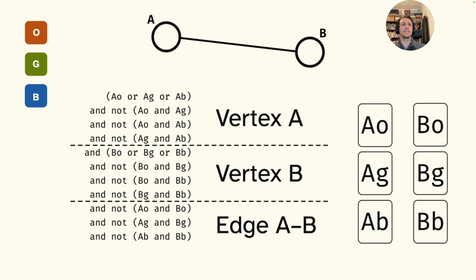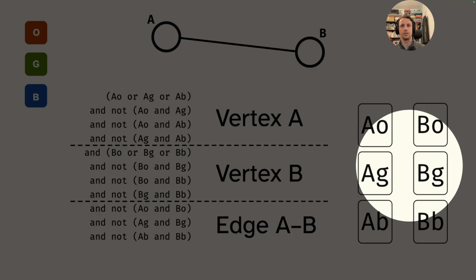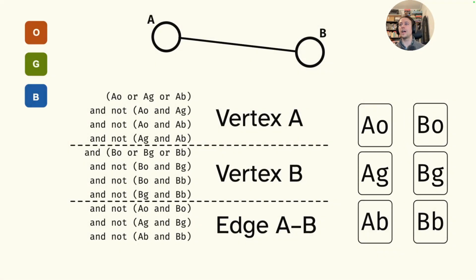So now if you're in SAT land, you want to solve the SAT problem, which means looking at the 6 variables you have on the right and finding an assignment that satisfies the big formula on the left. This is the SAT problem: Boolean formula, Boolean variables.